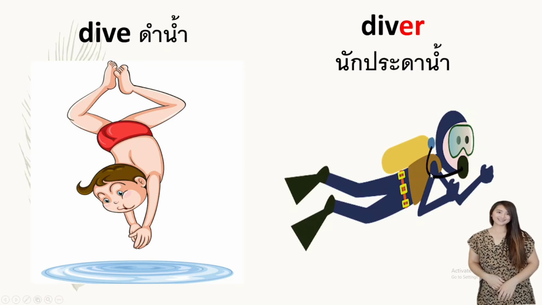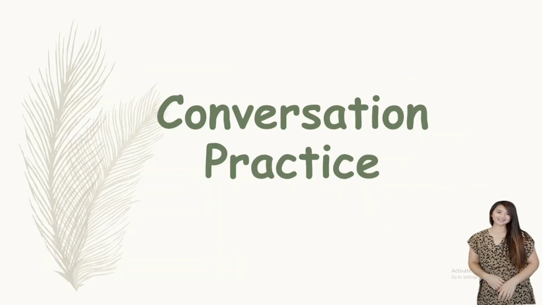He is a diver. So easy, right? Again, we add ER, the suffix ER, after the verb to make it a person. Okay, now let's have conversation practice.